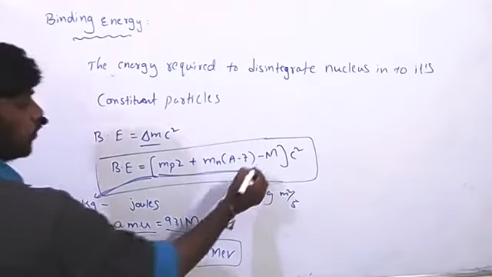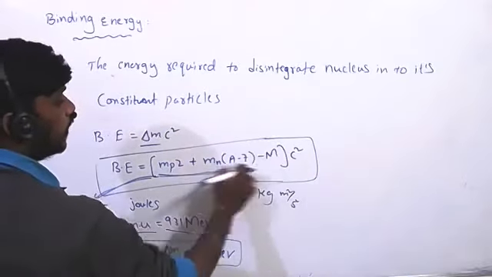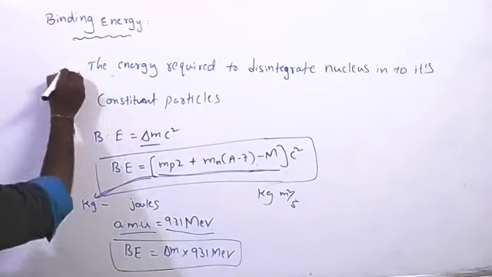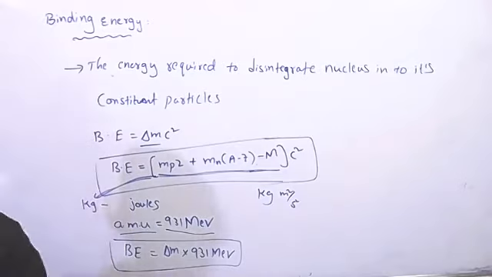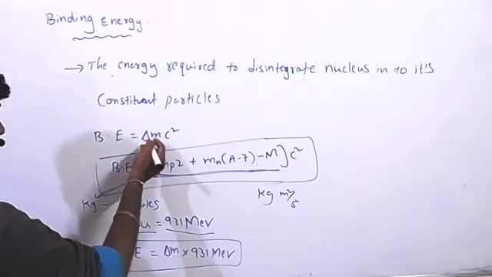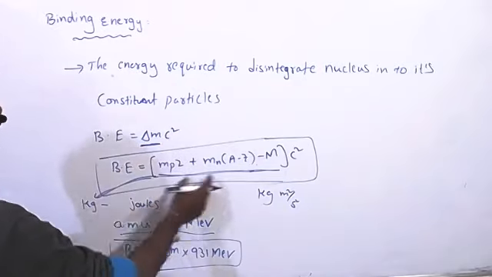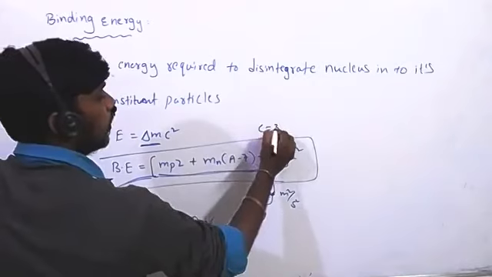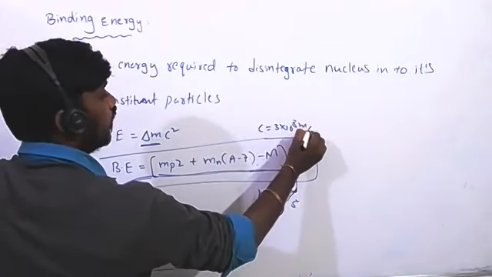So the energy required to disintegrate a nucleus into its constituent particles is nothing but binding energy. So the binding energy formula is delta m c square. Here delta m is nothing but mass defect, and c square, c is the speed of light. So here c equals 3 into 10 to the power of 8 meter per second.